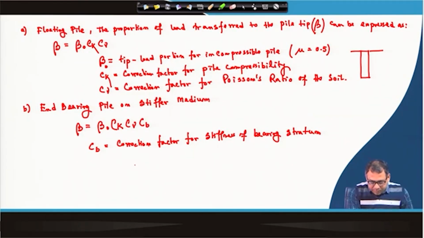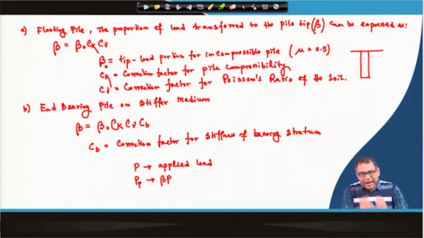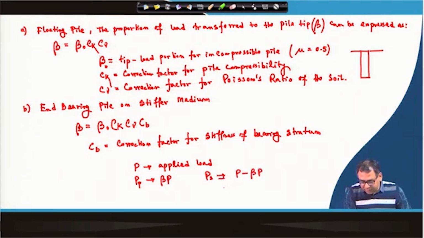So, if P is the applied load, then P p will be equal to beta into P, because that portion of the load is transferred to the tip. And then P s, that is the friction, will be equal to P minus beta P, so that will be P into 1 minus beta.